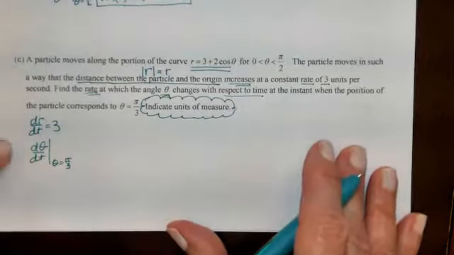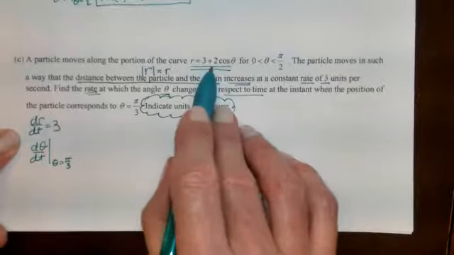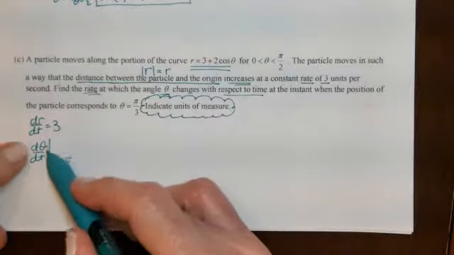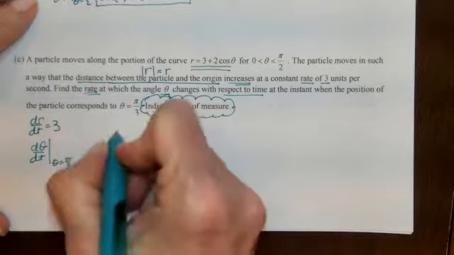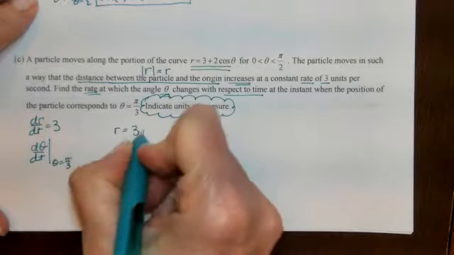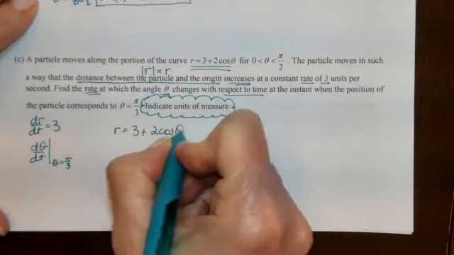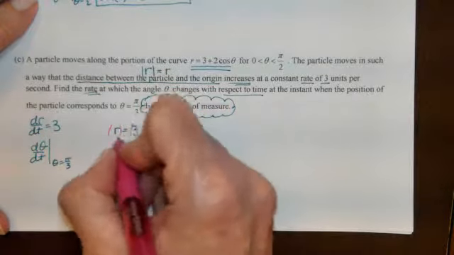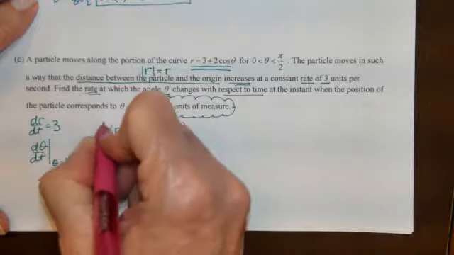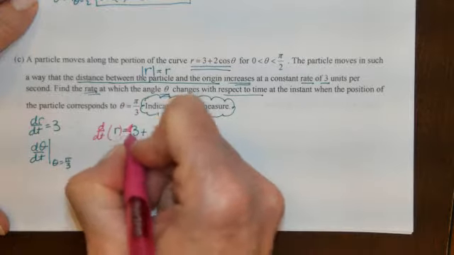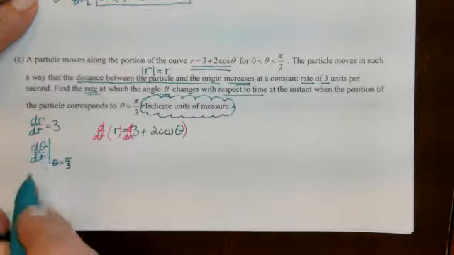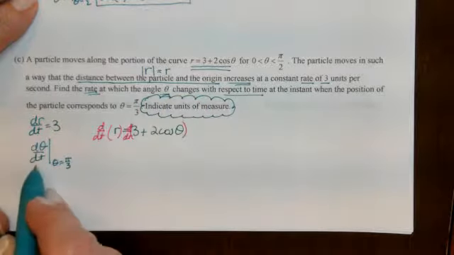All right, so we're given r is equal to 3 plus 2 cosine theta. We want to find d theta/dt. So I'm going to write down my equation, and I need to take the derivative of both sides with respect to t, because I have dr/dt, I want d theta/dt.